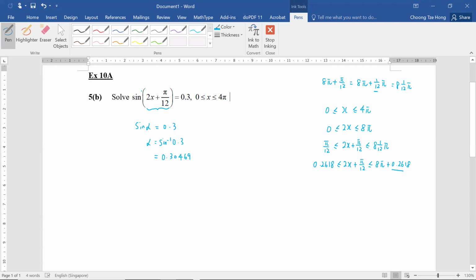To determine which quadrants to search: sine is positive, so we search in the first and second quadrants.